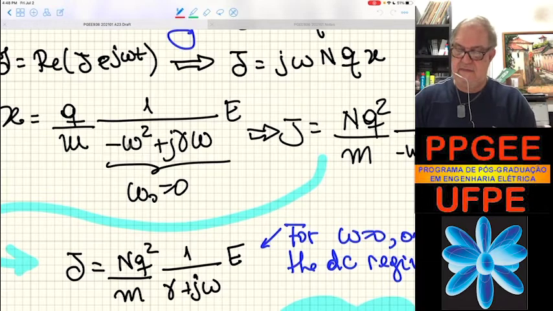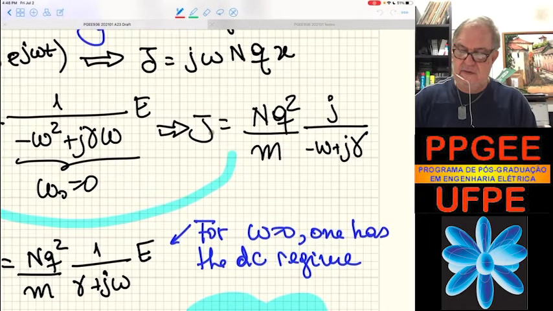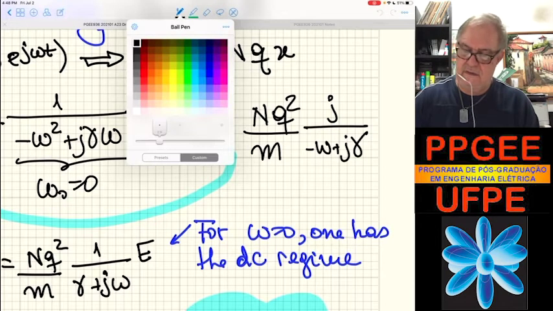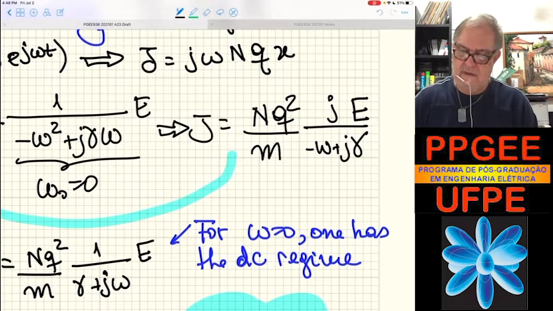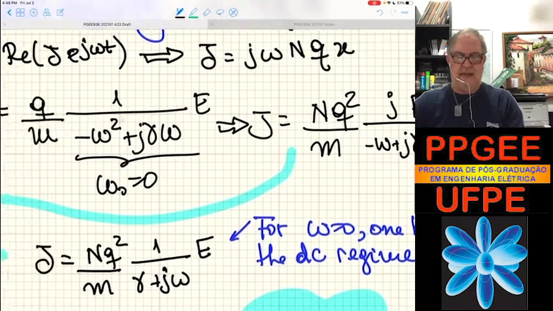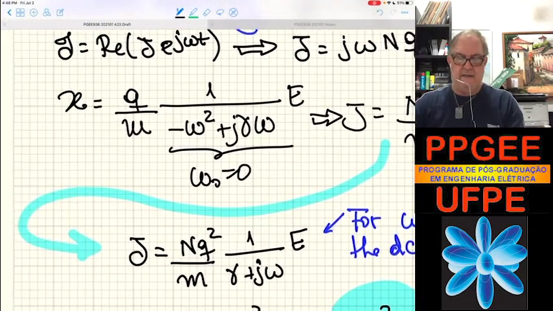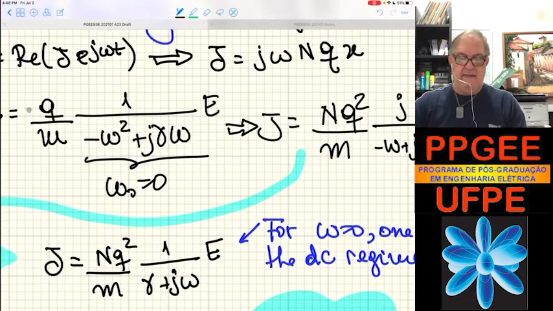There's a frequency function. So that's the conductivity. Here there's a missing E here. Right? So NQ times Q is NQ squared over M. So we have an omega here.